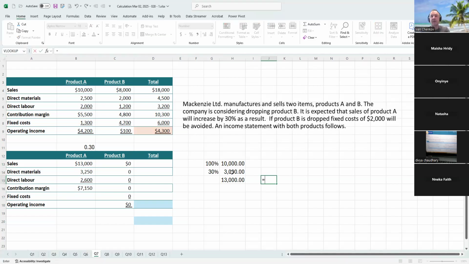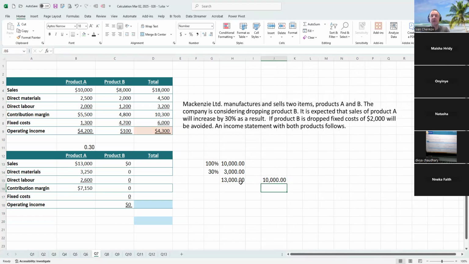If I want the total, I have to take the original times 1.3. The 1 keeps the original 10,000, and I want to increase it by 30%. If I wanted to increase it by 40%, what would I have to do? 1.4.